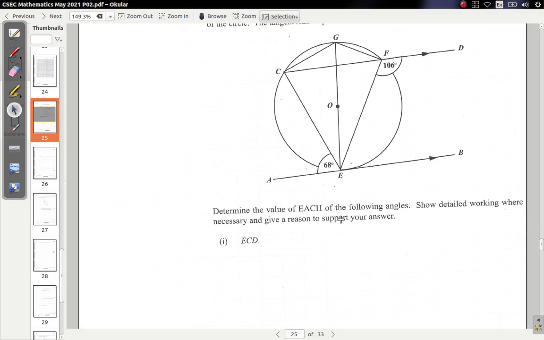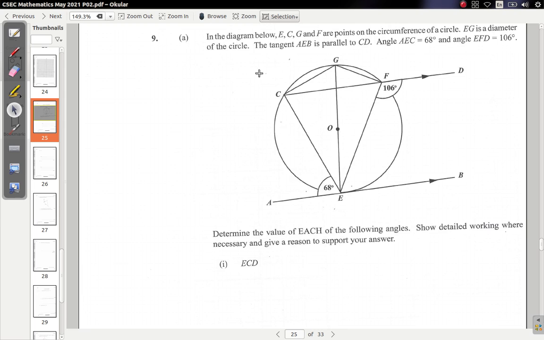Determine the value of each of the following angles. Show detailed working where necessary and give a reason to support your answer.